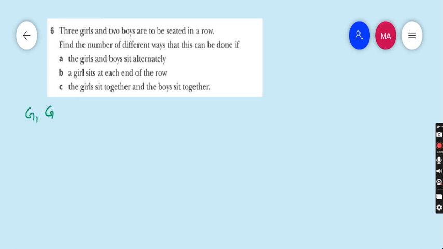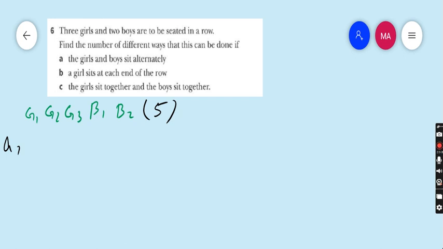G1, G2, G3 represent 3 girls. B1, B2 represent 2 boys. So in total we have 1, 2, 3, 4, 5 people. 3 girls and 2 boys. Find the number of different ways that this can be done if the girls and boys sit alternately.